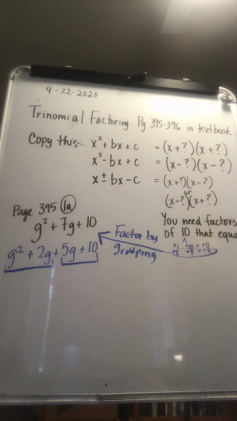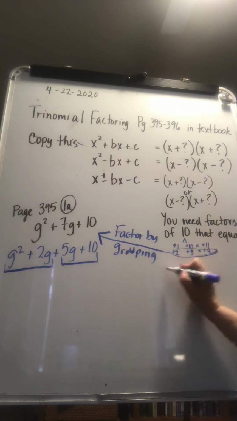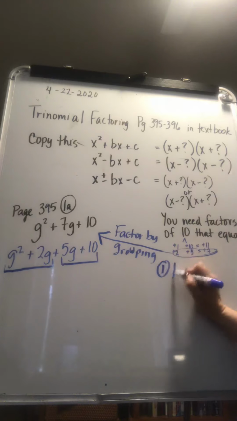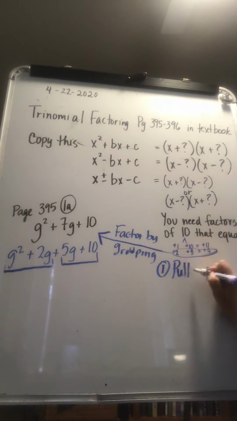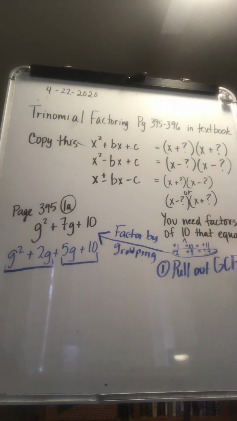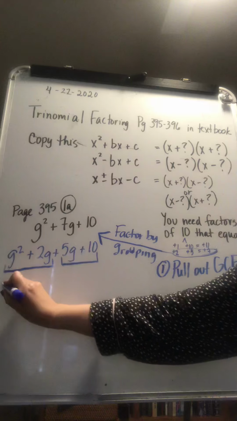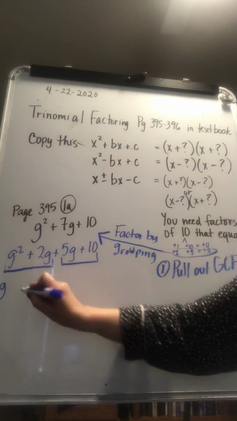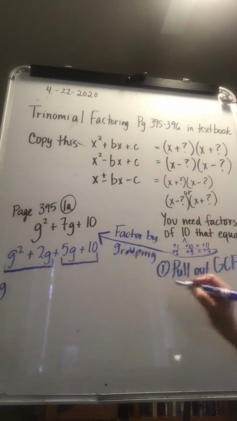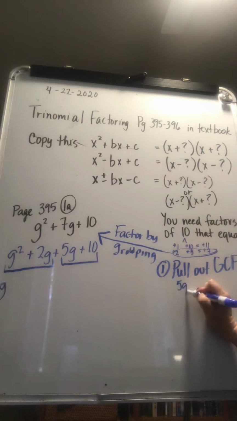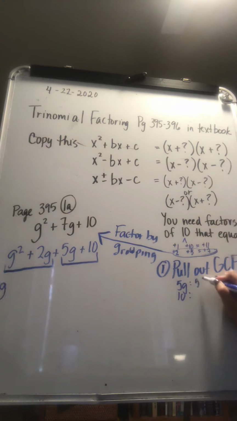Okay? So, my step 1, I'm going to pull out the GCF. Okay? The only thing they have in common here is a g. Okay, now I have 5g and 10. 5 times g and 2 times 5.